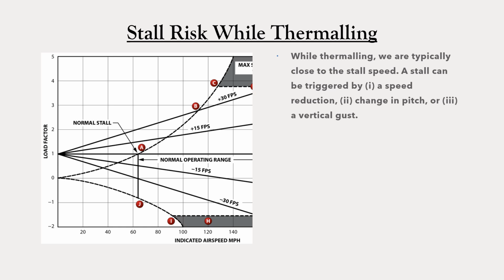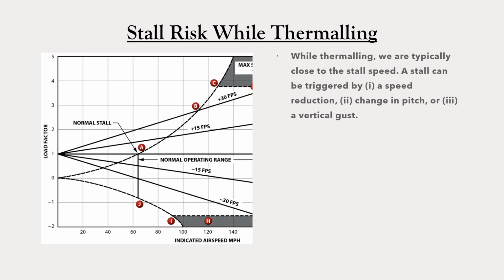So when we're thermaling and our brain is busy trying to reason through where the center of the thermal is and what I should do to move myself over closer to that center, my mind's doing a lot of things. That's a time where sometimes your speed can fluctuate a little bit from where you meant it to be. So you could get into an inadvertent stall situation, changing in your pitch.